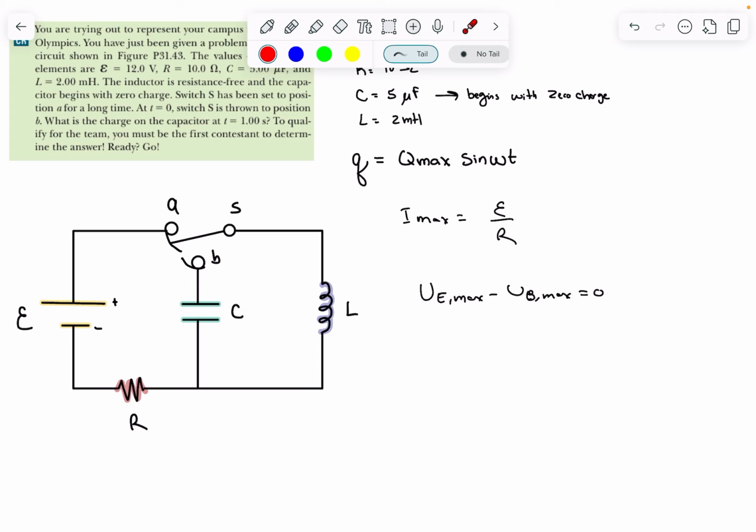At any point, the difference between the two has to be equal to 0 because there's nowhere else for that energy to go. It's like the energy is either here or somewhere split between the two, but it cannot be exiting the system at all. So we're saying that U E max is equal to U B max.